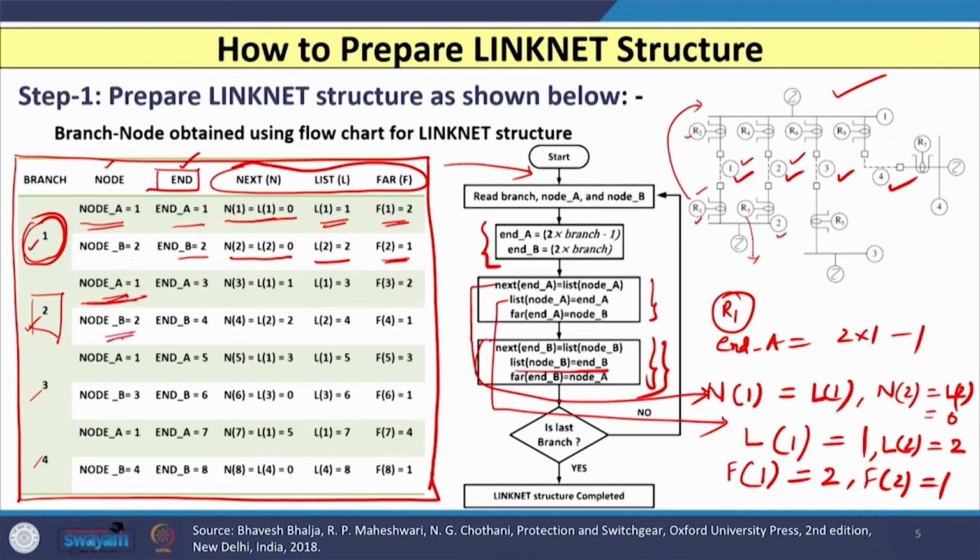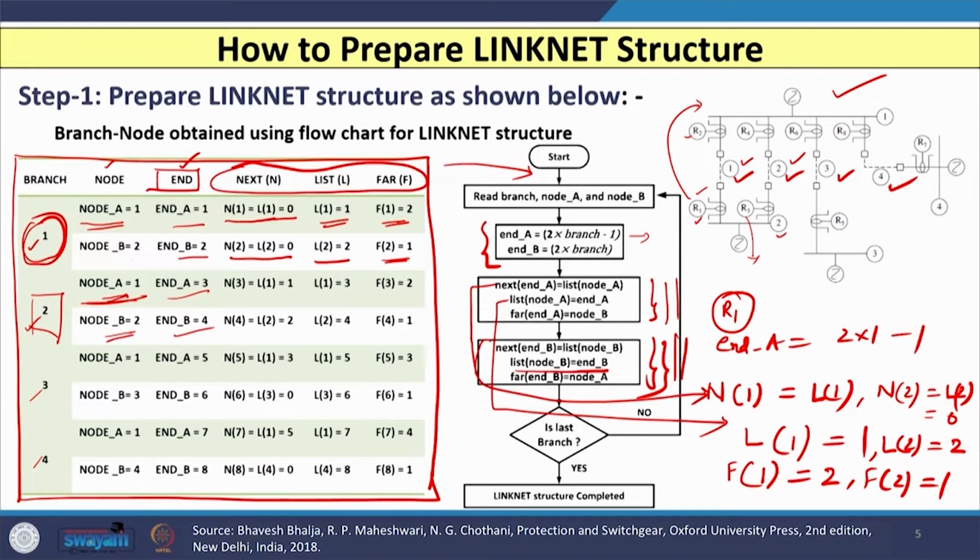And nA and nB you can calculate by putting branch equal to 2. So, your nA is equal to 3 and nB is equal to 2 into branch, that is 4. Now, you can calculate these two blocks, that is next, list and far one dimensional vectors.